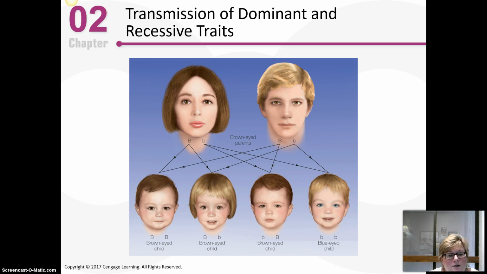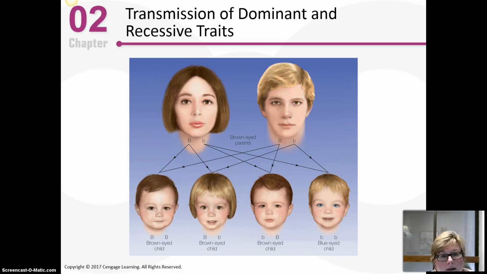So the first child got a brown from the mom and a brown from the dad, so it's a brown-eyed child. The second child got a brown from the mother and a blue from the dad. But remember, the capital B was dominant, so therefore that's a brown-eyed child. The third child got a blue from mom and a brown from dad.